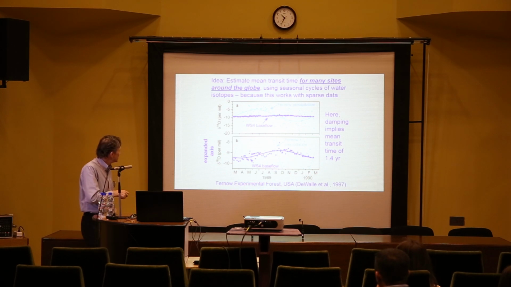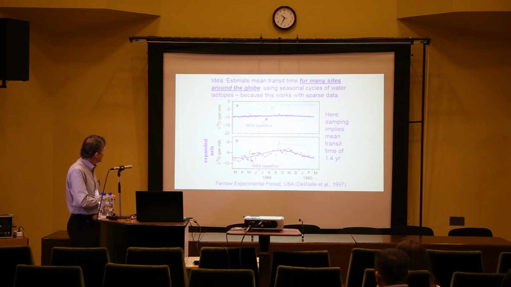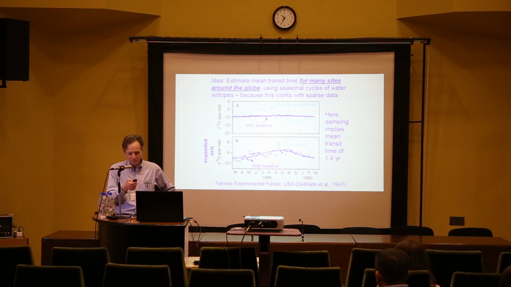Many studies have looked at the damping of a precipitation cycle, here in green, to become a stream isotope cycle, here this dark blue line, which is expanded here, and from the compression of the amplitude of that wave, we can calculate a mean transit time in this landscape of, in this case, about 1.5 years.